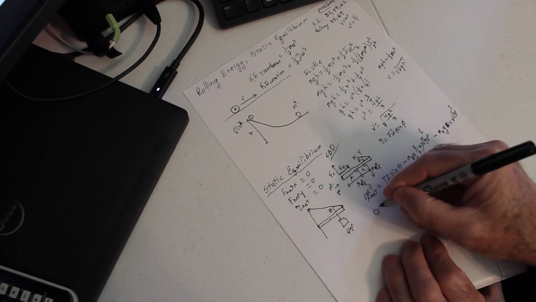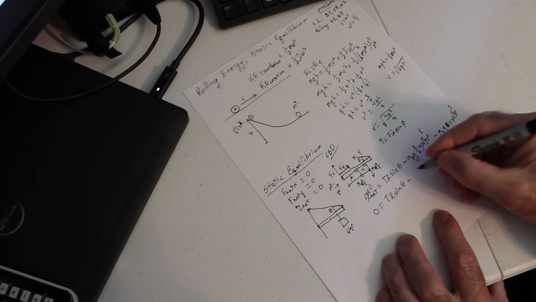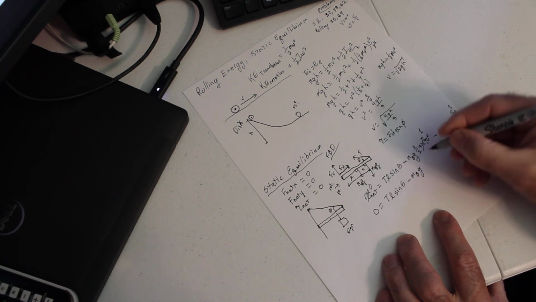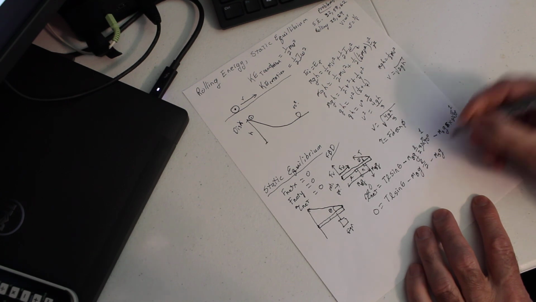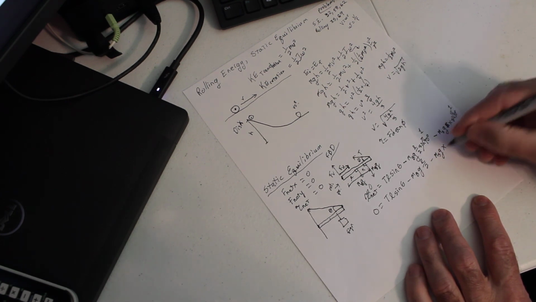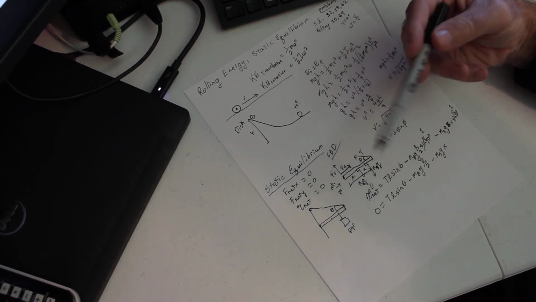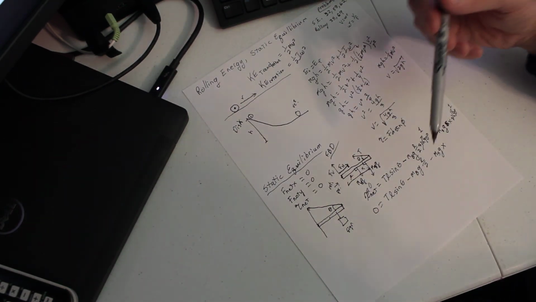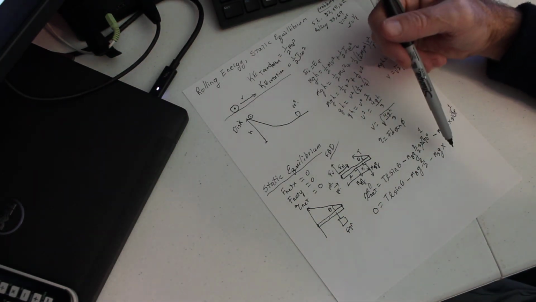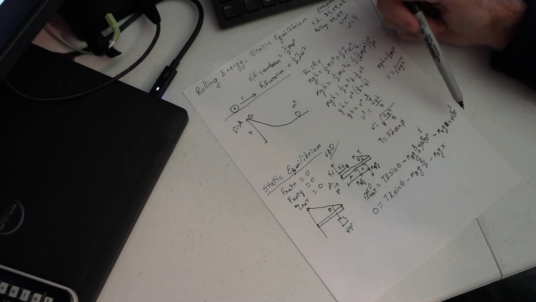So what we get is that 0 is equal to T L sine theta minus m_b g L over 2 minus m_s g times x, the distance. And then whatever the problem asks for, sorry, I'm shaking the camera here, whatever the equation asks for, you would solve for that. If they ask for the distance that the sign is, or if they ask for the tension, you would solve for that.